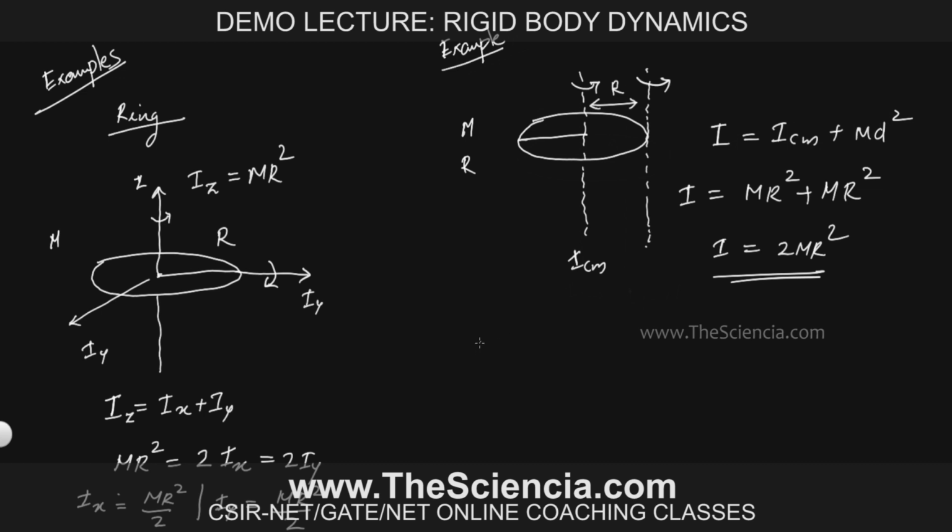But you have to remember the basic moments of inertia: the moment of inertia of a ring, of a disk, of a sphere, of a hollow sphere. If you know these values, the moment of inertia about ICM, then you can use these two theorems to solve any problem. So these values are very important.